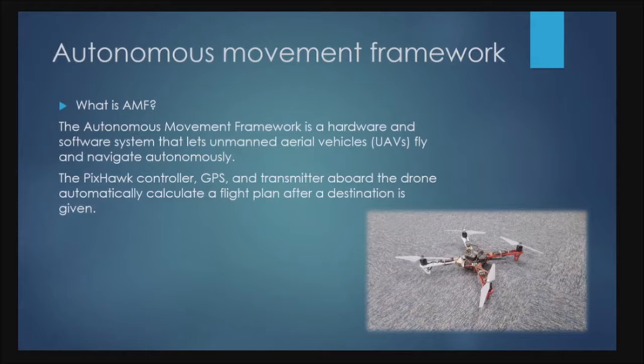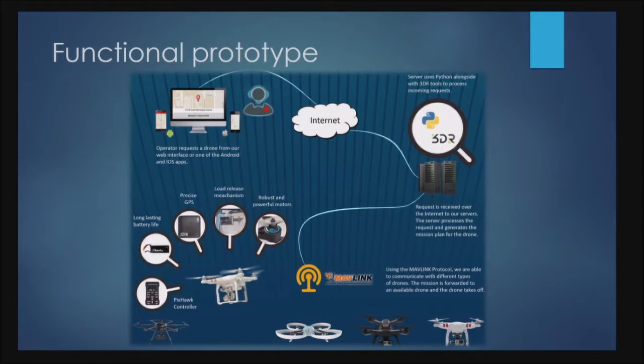So how does this big schema work? I'm going to show you in a bit. You have the mobile app, which is an Android app developed by the team, and the app will be sending the location of where you want the drone to go.